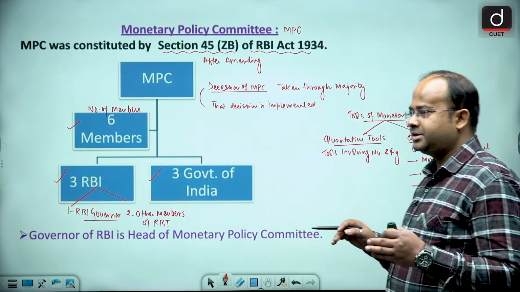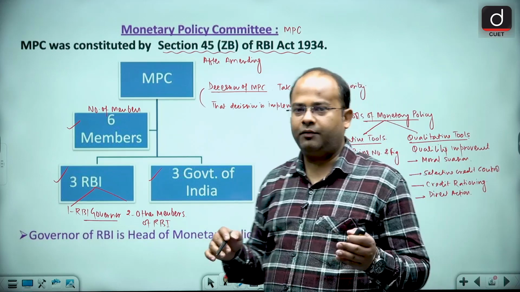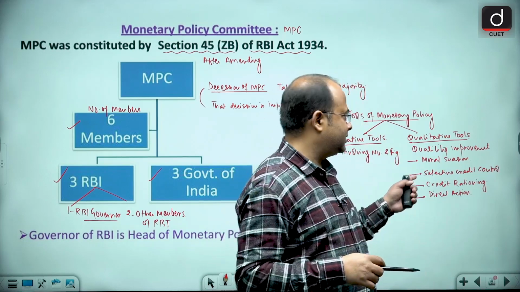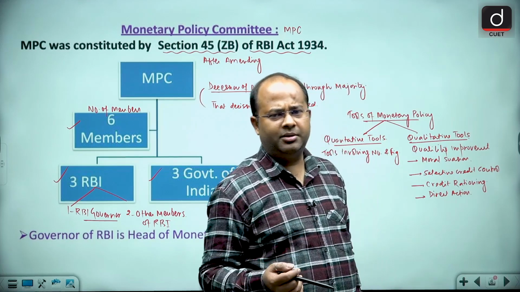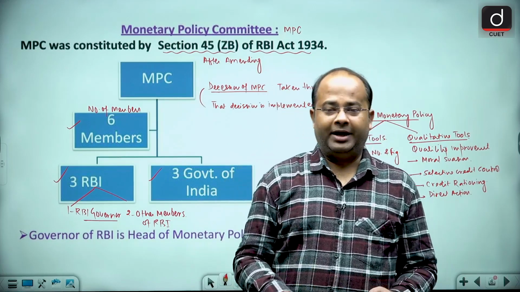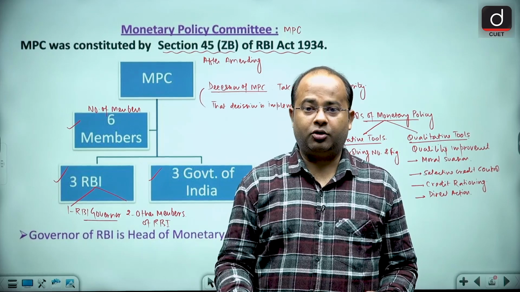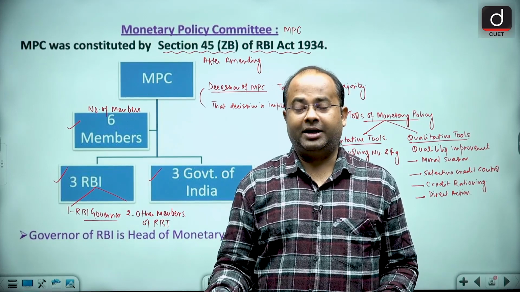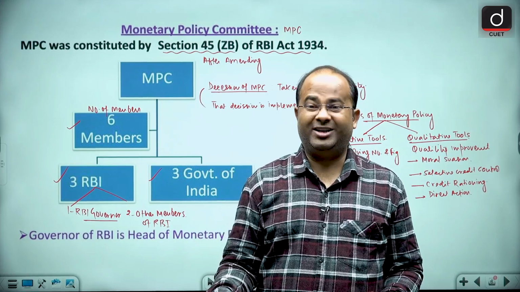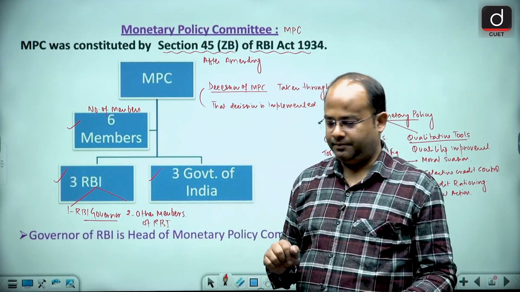Moral suasion, guys, it means in which sector what type of loan has to be given. Then selective credit control, then credit rationing, direct action. Direct action means if any financial institution violates the code of conduct, violates the rules of RBI, then RBI can punish that financial institution directly. This is called direct action.